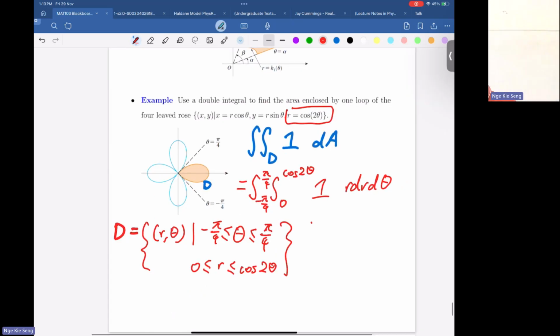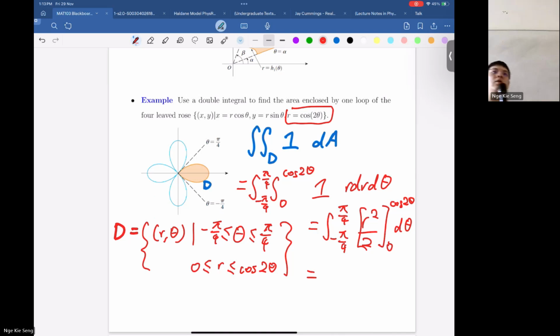This is a simple exercise. Try, and then we compare answers.